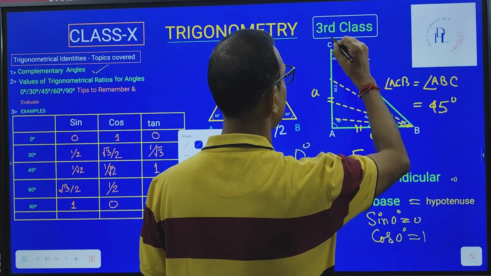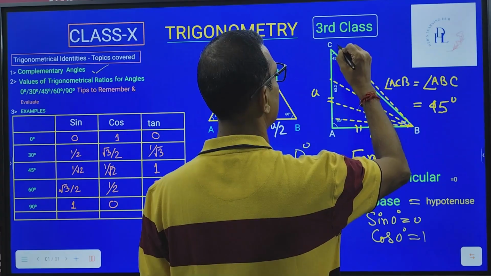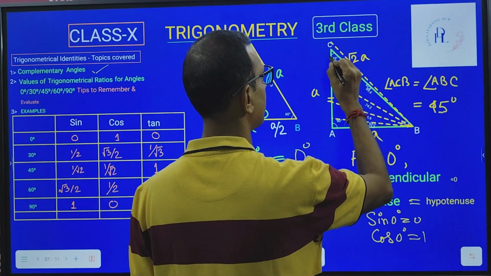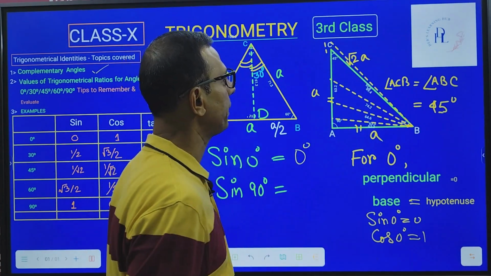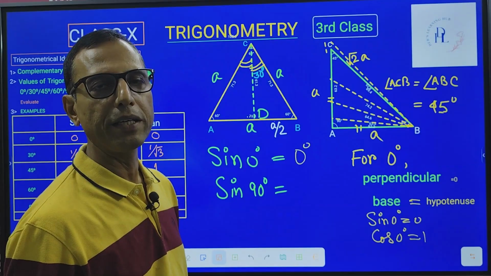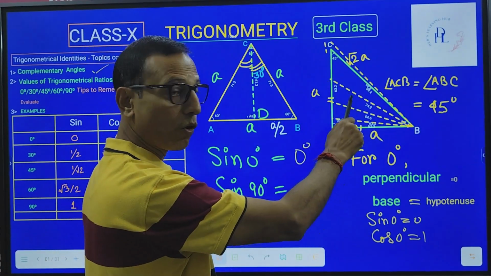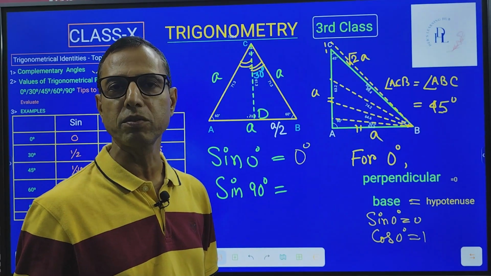So gradually when you are increasing, the value of the perpendicular is also going to increase. For cos 0, the base and hypotenuse become equal.